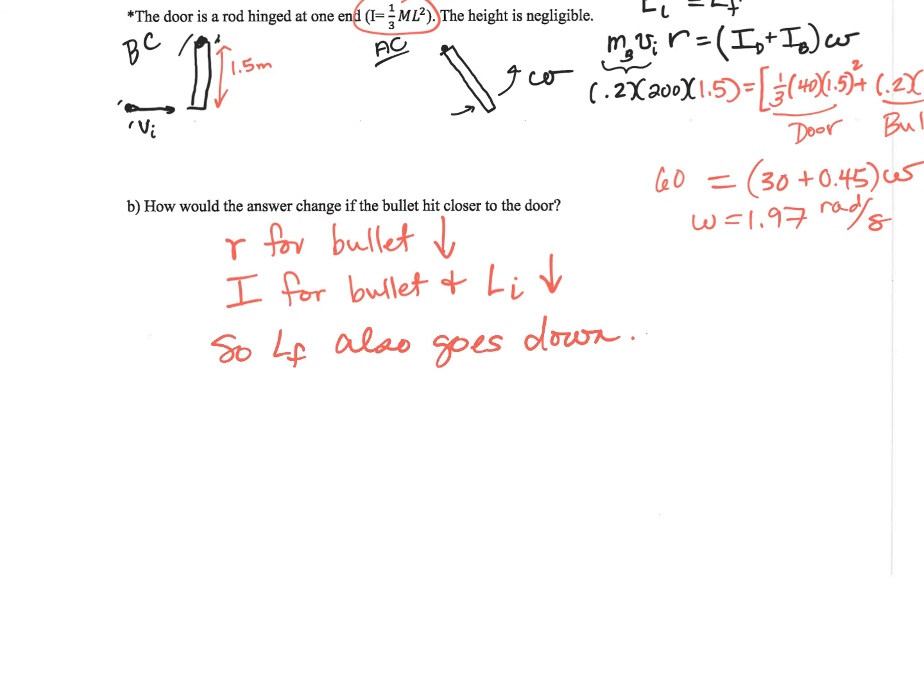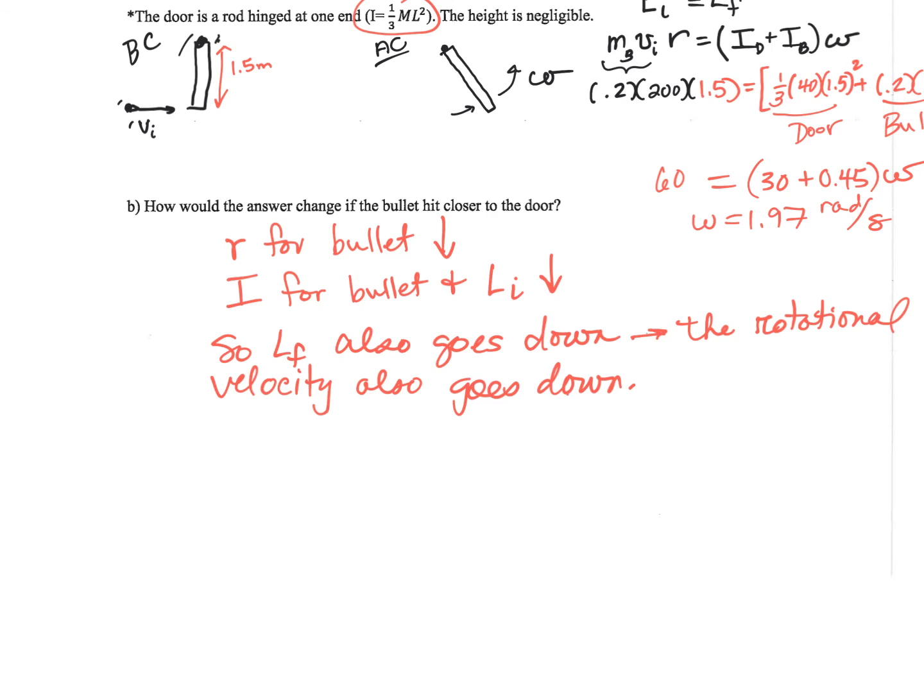So what does that do to the velocity at which it swings around? It's less, isn't it? So if L final goes down, the rotational velocity also goes down. In other words, it swings slow. Less speed.